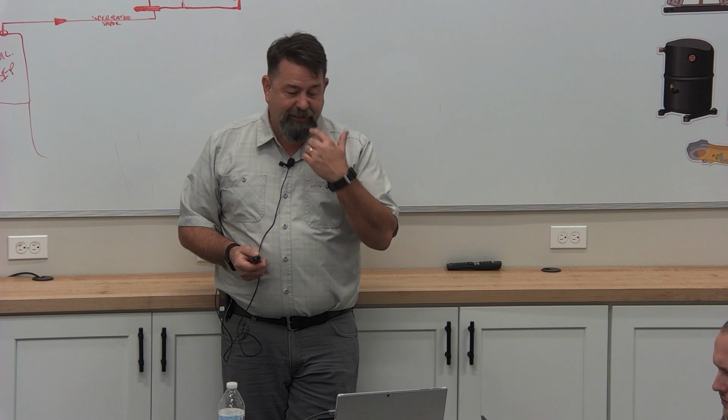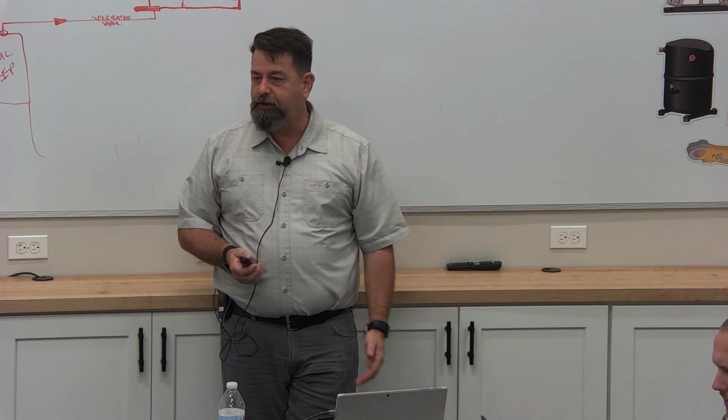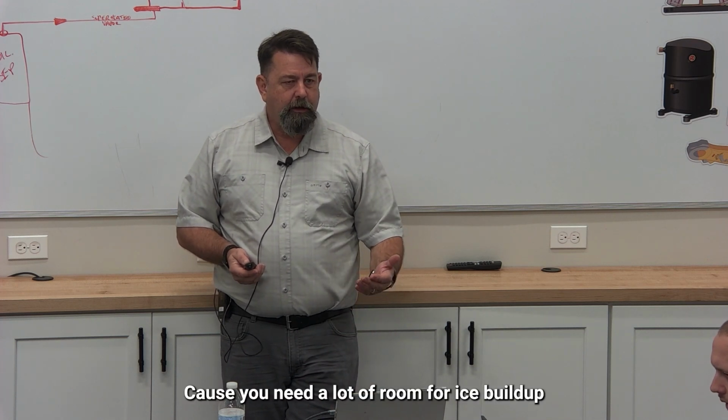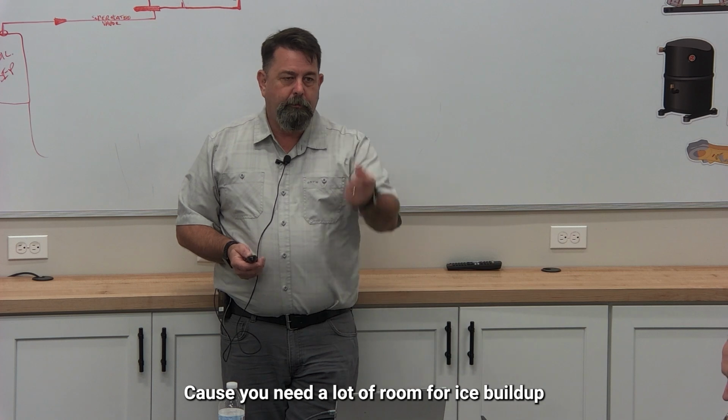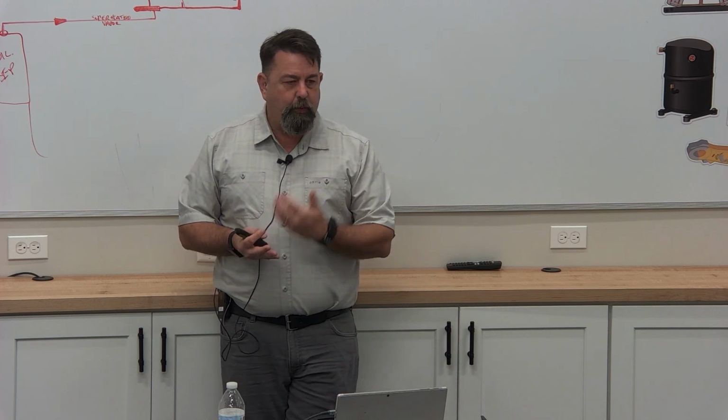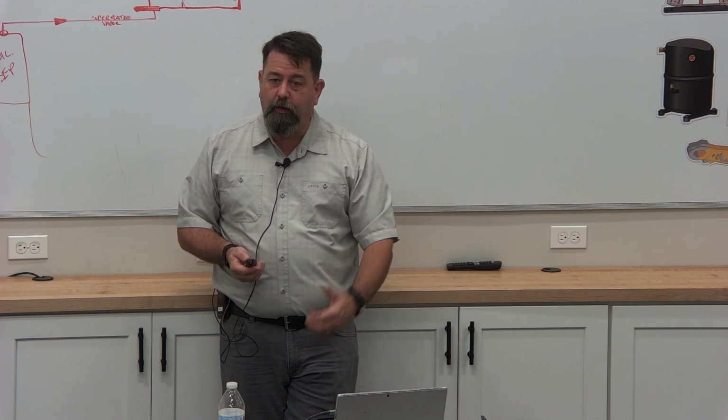So why don't I pack this thing full? Right? Why do I have less fins per inch in refrigeration than I do in air conditioning? Because you need to allow room for ice buildup. Nailed it. All right. Every evaporator we have, with the exception of maybe the meat prep, is running below freezing. Right? The saturated temperature of that coil is below 32 degrees.